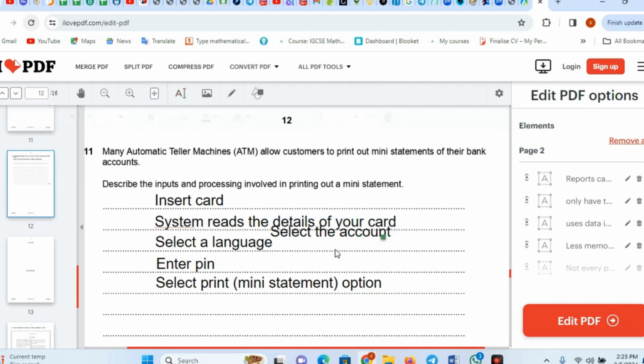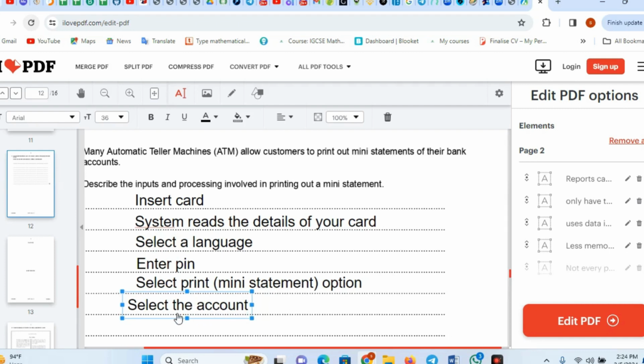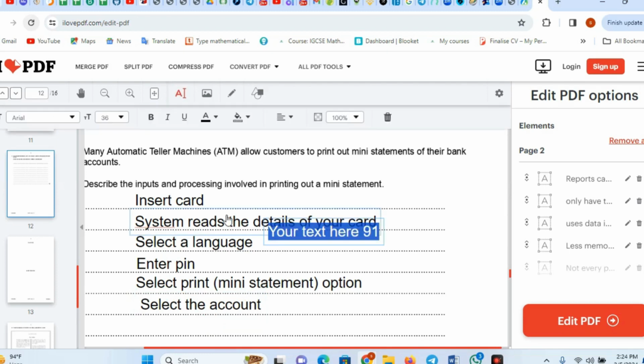Then these are the inputs. And what does the question say? It says we should describe the inputs and processing involved in printing out a statement. That means we have only successfully discussed the inputs after you press on confirm.